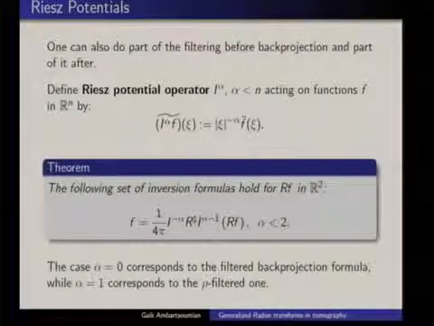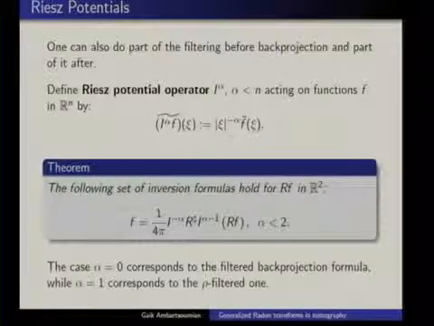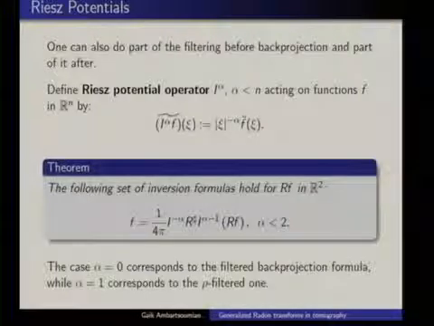This theorem gives a whole family of inversion formulas where the filtration can be done either before or after, or part of it before and part of it after. Depending on what value of alpha you choose, you can get a whole lot of different families of inversion for the Radon transform. I don't want to spend time on proving this, but this is very well written.